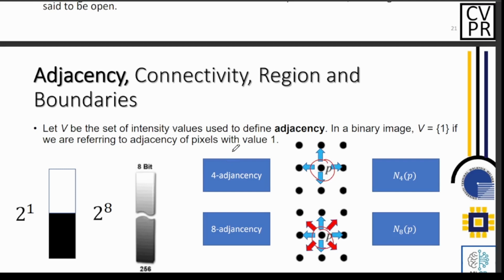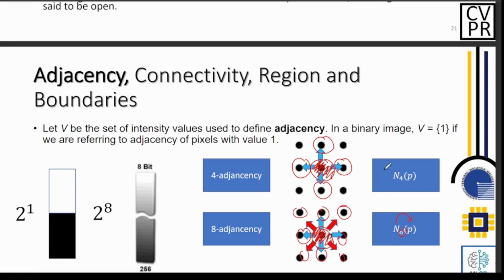4 adjacency is basically the straight line, vertically and horizontally. So we have 4 different adjacent pixels. While the 8 adjacency is by focusing on this P, so we have N4 and N8, 8 pixels: 1, 2, 3, 4, 5, 6, 7, and 8.